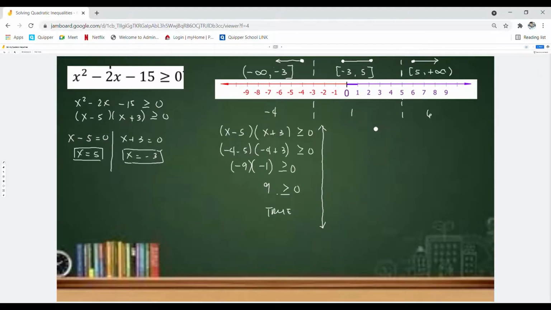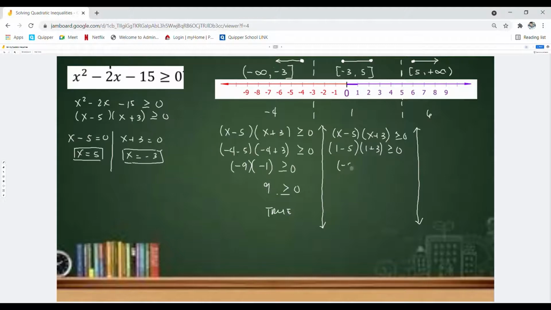So here we will test 1. Going back, x minus 5 times x plus 3 greater than or equal to 0. Substituting 1, it will become 1 minus 5 times 1 plus 3 greater than or equal to 0.